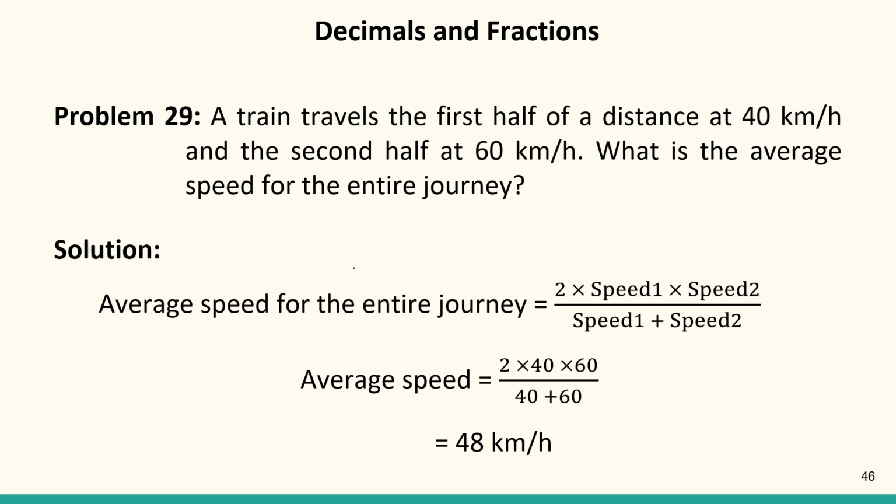The average speed will be 2 into speed 1 into speed 2 by speed 1 plus speed 2. Speed 1 is 40 kmph and speed 2 is 60 kmph. So this is 2 into 40 into 60 by 40 plus 60, that is 48 km per hour. This is the final answer.